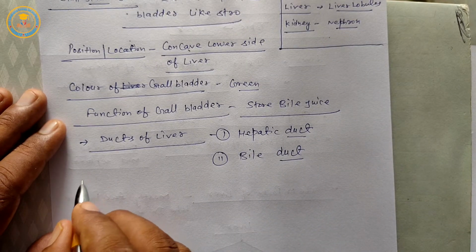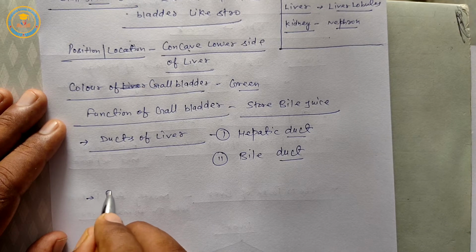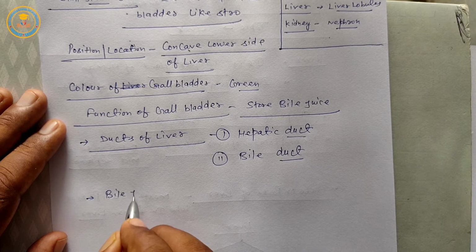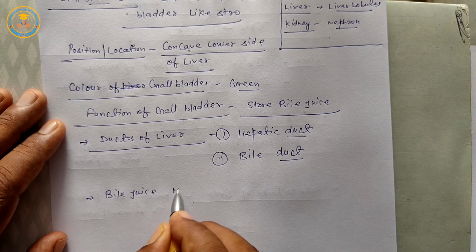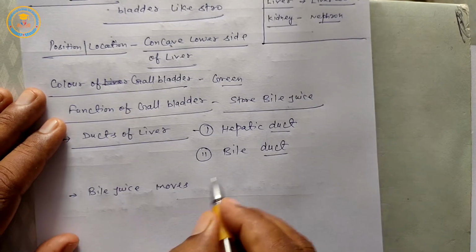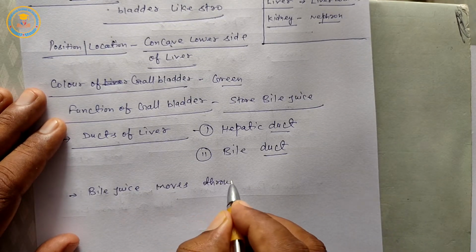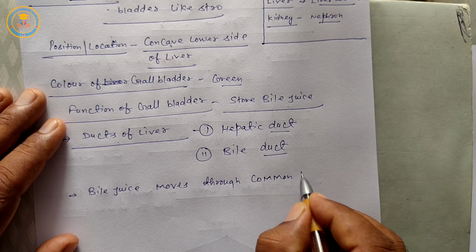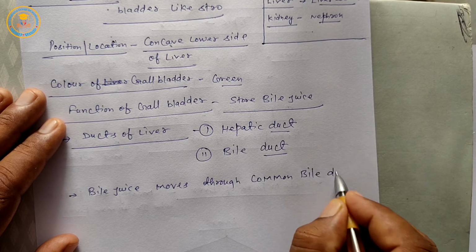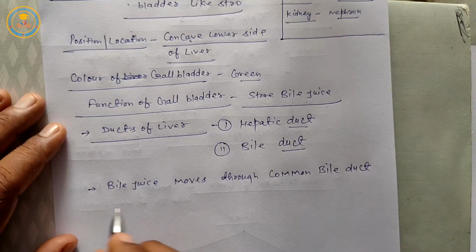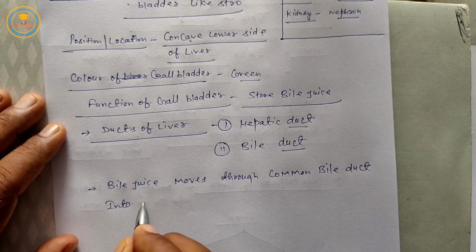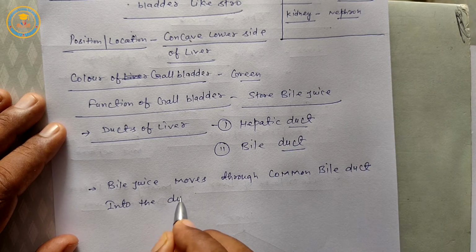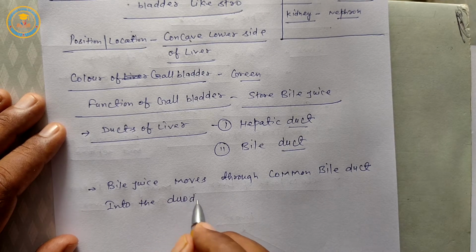Students, bile juice moves through the common bile duct into the duodenum part.